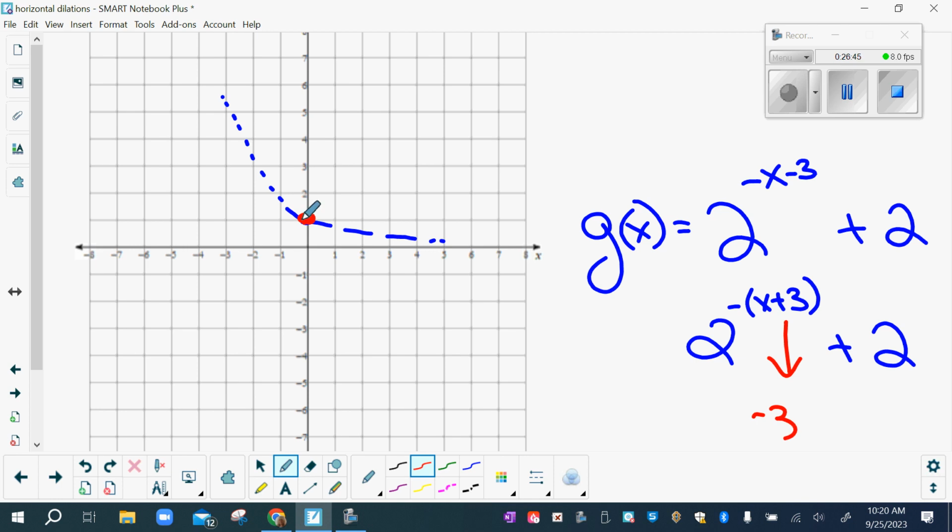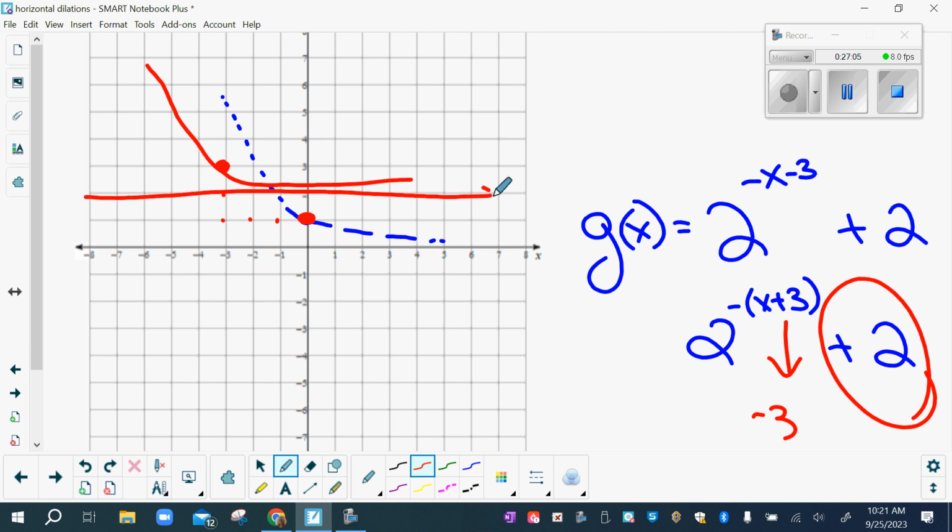I am going to count 1, 2, 3 over and 2 up, right? So this now comes sloping down here. And remember, this will be my lava line, right there. It's not bad. Is that okay?